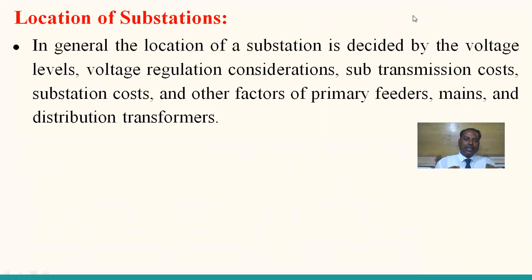Why? Because if the substation is located very close to the load centers, the regulation is very good. And whether the accessible incoming feeders are there or not, if it is very far away, the cost of the system increases. So all these factors are taken into account. The location of the substation is to be selected.